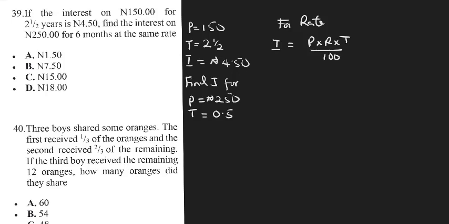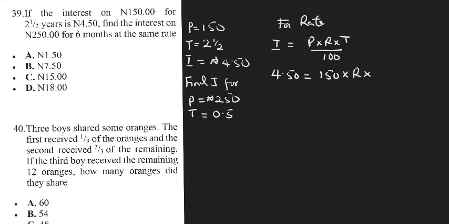The I has been given, the first one is 4.50. So we have 4.50 is equal to, what is our P? 150 times our R, we don't know, times our T, which is 2.5.